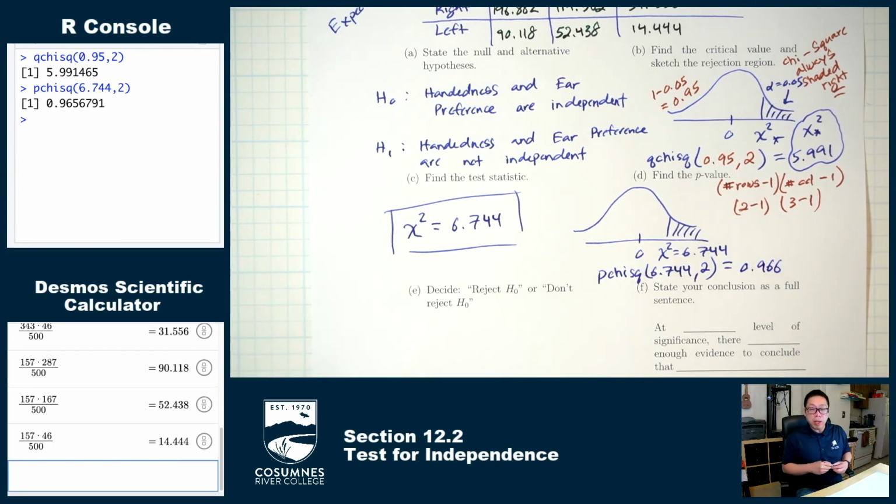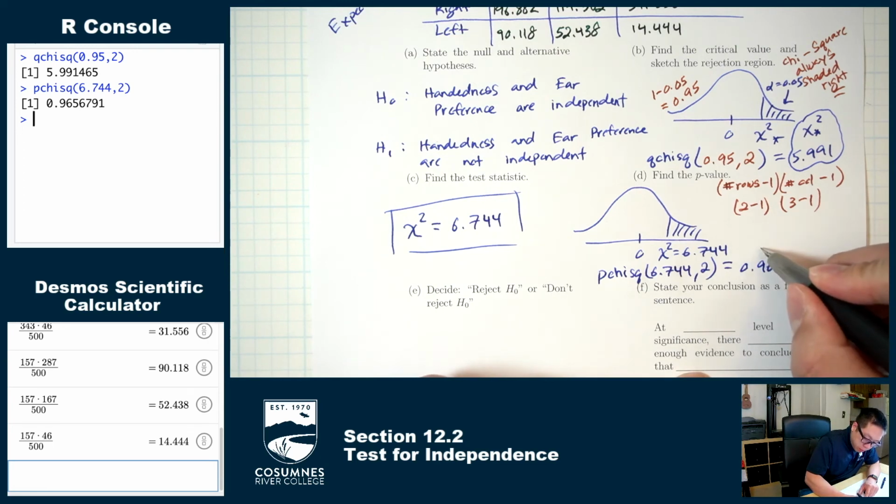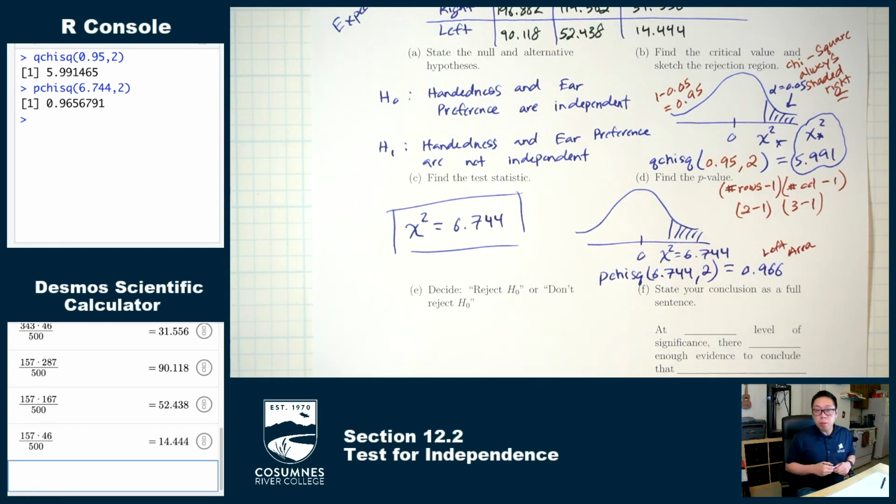And we know that can't be right because we expect pretty small numbers for p-values. And this is because p chi-square spits out the left area. But that's not what we're looking for here, right? We're looking for the area to the right. So to find the area to the right, 1 minus.